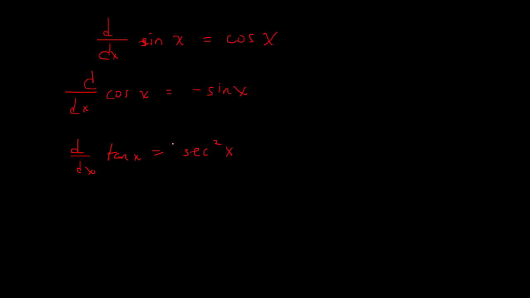Now most of these identities prove true for the hyperbolic functions as well. We can write d/dx of sinh x, and this is true by the way, equals cosh x. And the derivative of cosh x is a bit changed, we don't have to multiply by -1, so finally whenever you differentiate cosh x, you get sinh x.